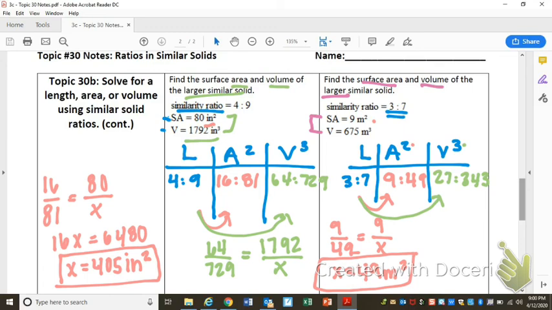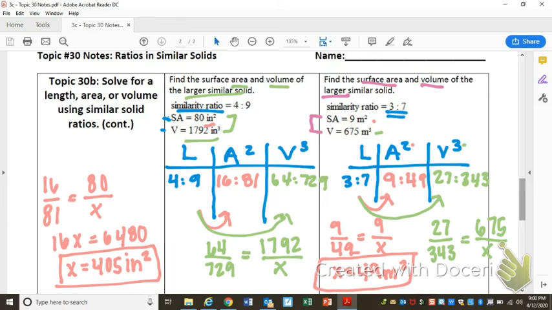All right, so now let's look at the volume. So now we have 27 over 343, which is equal to, we know the smaller volume is going to be 675. Looking for the bigger one.